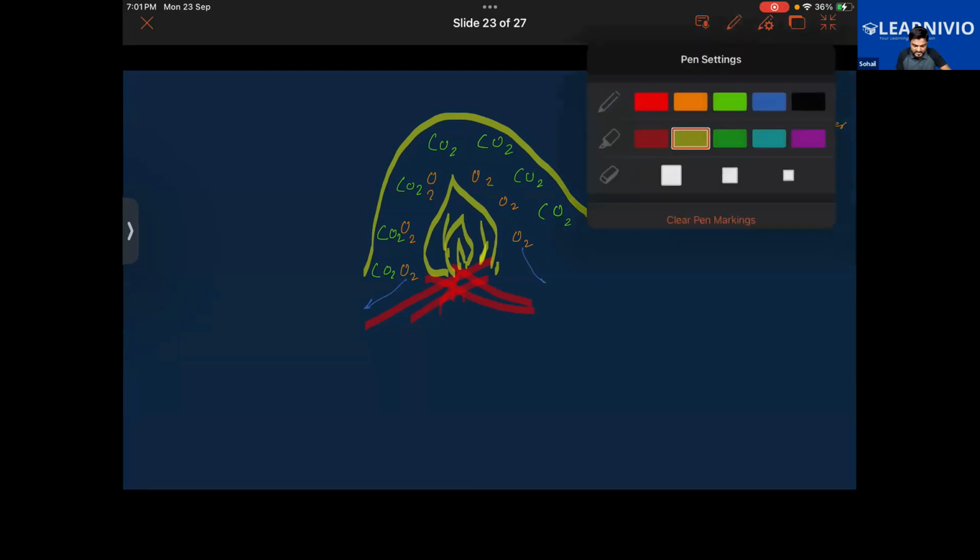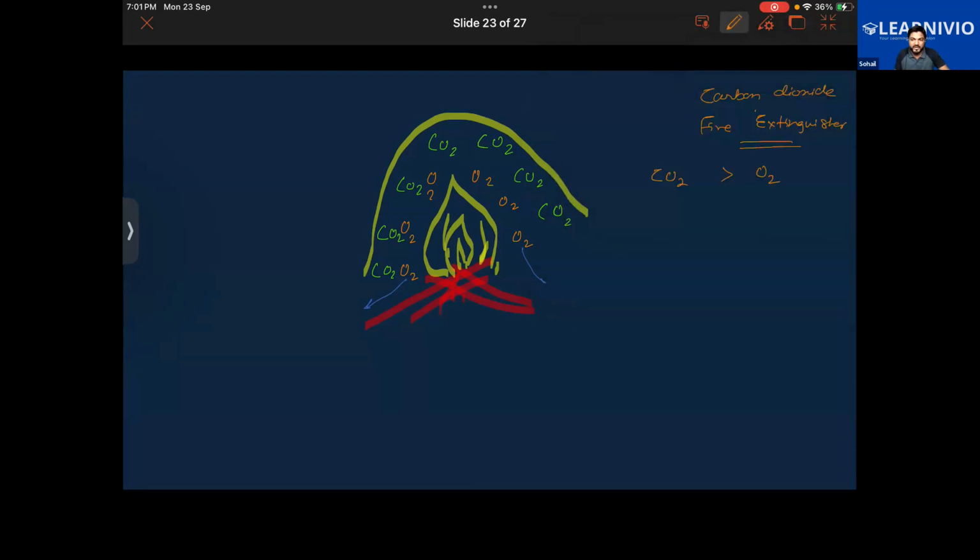But let's say the fire is due to an electrical short circuit. So what will you preferably choose to extinguish the fire? Will you choose this same carbon dioxide fire extinguisher, or will you use water or sand? Carbon dioxide.